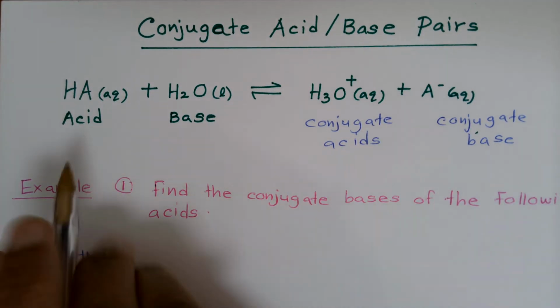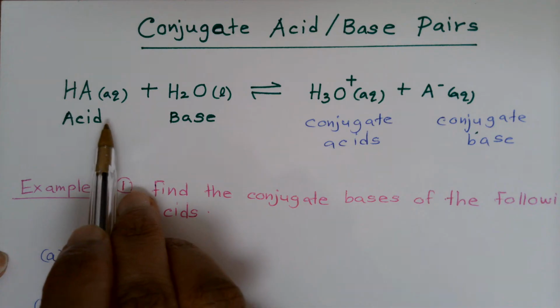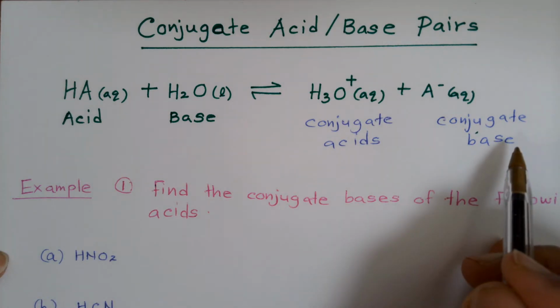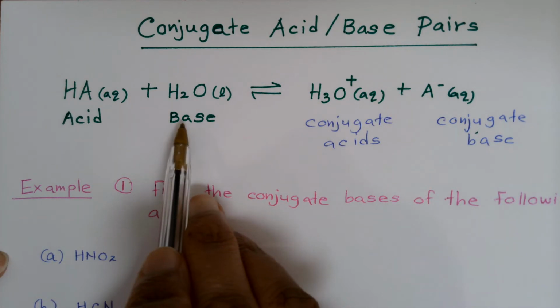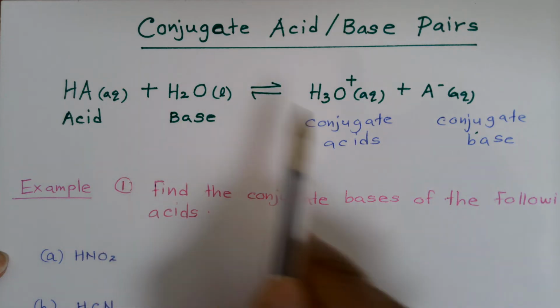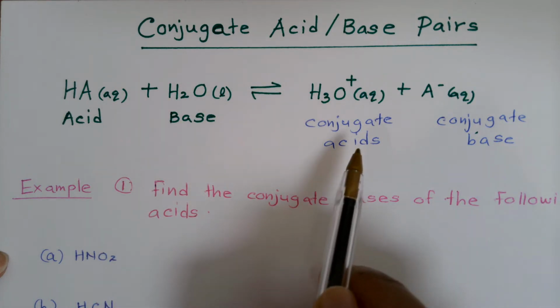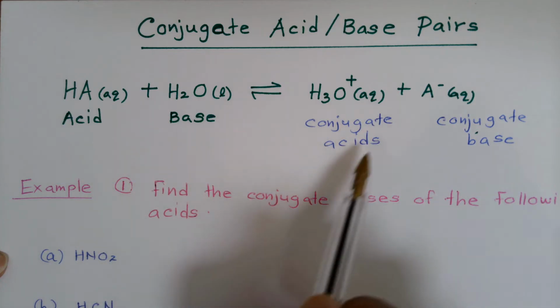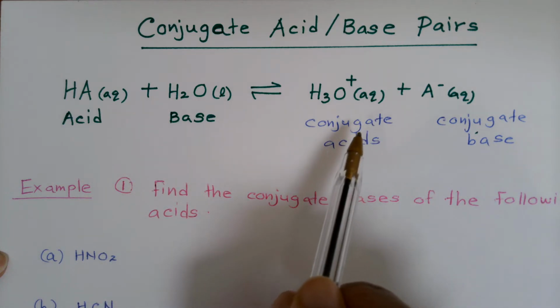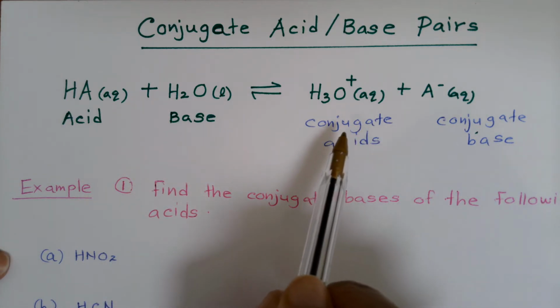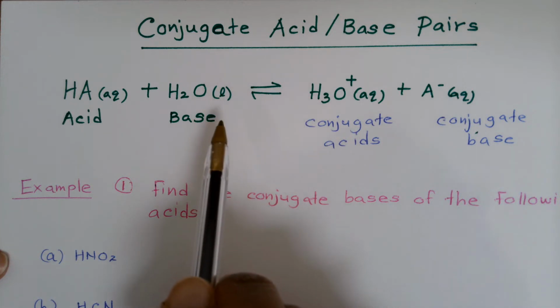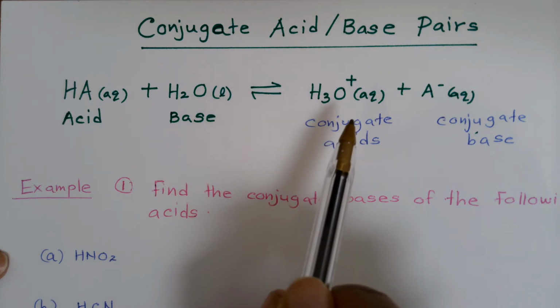Now you have an idea: acids always remove one hydrogen ion to become their conjugate bases. Bases always add one hydrogen to become conjugate acids. So if you have a question to identify the conjugate acid of a particular base, then you need to add one hydrogen to find the product.